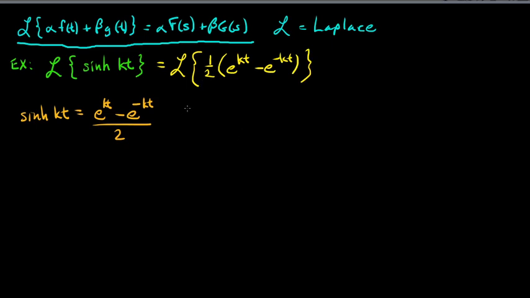The one half is a constant, and because the Laplace transform is linear, we can take that outside. Sorry, the positive k comes first. And also because it's linear, we can split this up as the transform of each of these separately.